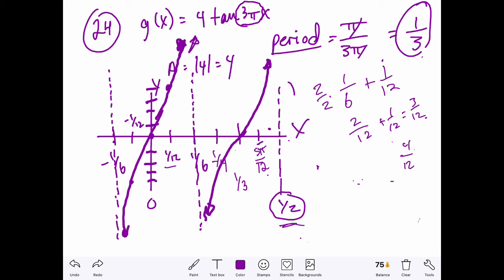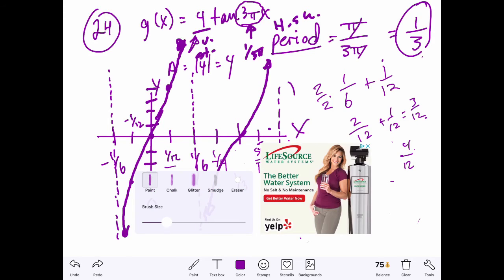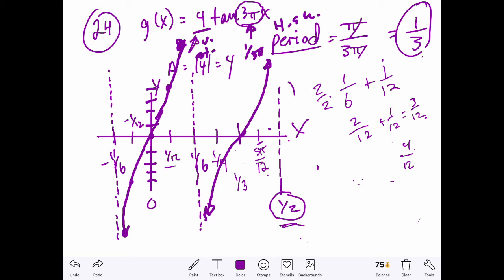And it's got a vertical stretch of 4 and a horizontal shrink of 1 over 3 pi is the horizontal shrink. And then here's my vertical stretch. Okay. And we could keep on going like that and add more periods to it, doing the same method as we went.